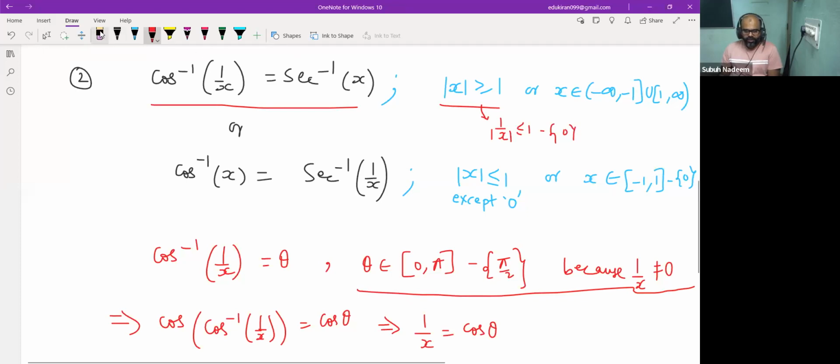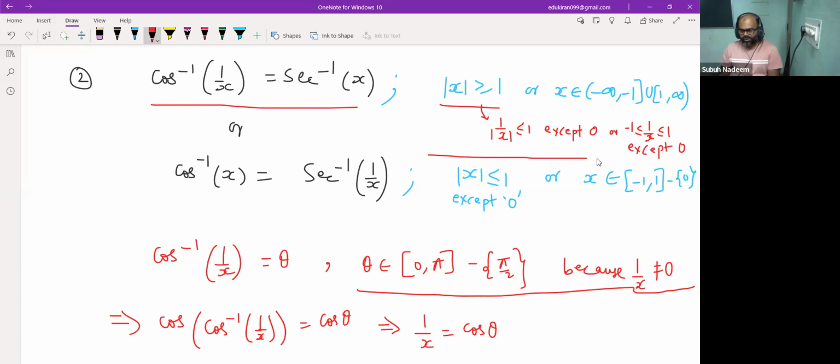Yes, here we are not taking 0 because it will be undefined. So we can cancel cos and cos inverse because 1 by mod x is less than or equal to 1 except 0. Or we can say that 1 by x is between 1 and minus 1 except 0. So this is what we have.